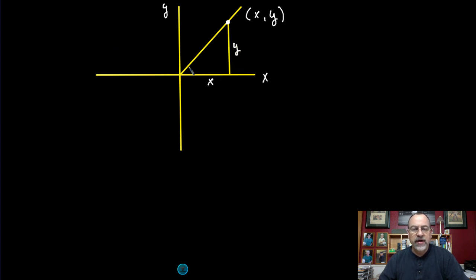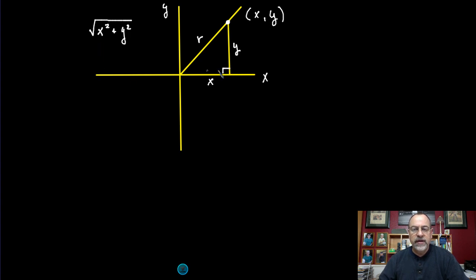And then we could calculate the length from the origin to this point using the Pythagorean theorem. x squared plus y squared is equal to that length squared, so this length here, let's call it r, will be equal to the square root of x squared plus y squared.